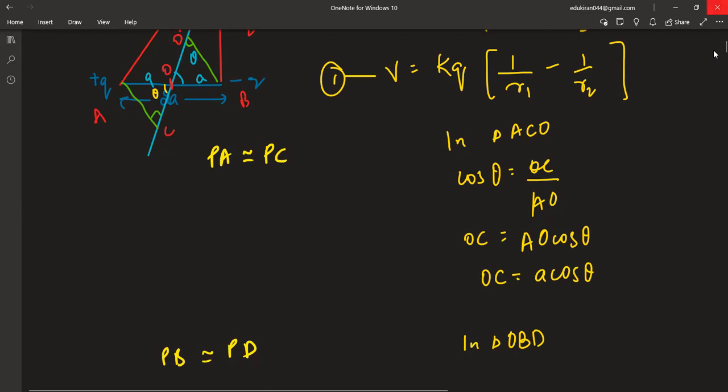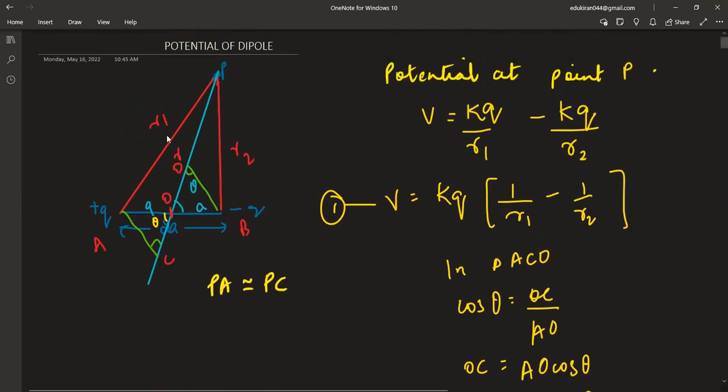Now one more thing. Look here. Look at PA and PC. This looks a little longer, but how much longer? Negligible. You can at least say PA is almost equal to PC. Yes, we know that this is a little longer when we overlap it, but when we are dropping the perpendicular, it is not so long.